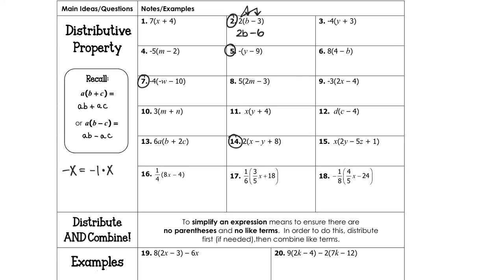So in this problem, I'm not distributing a negative, I am multiplying by negative 1. This problem can really be thought of as negative 1 times y minus 9.